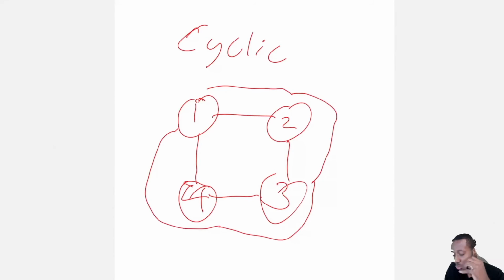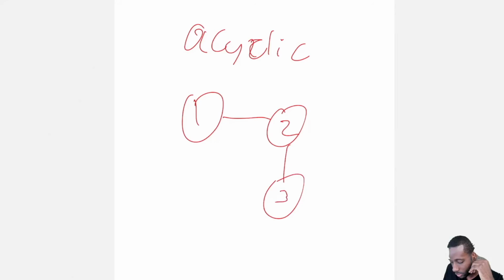The other one, which is different, is the acyclic one. This one means the opposite: there are no cycles in this graph. That's very important. Let me draw an example of that: 1, 2, 3, 4. This one is acyclic. We can't start and end at the same node.